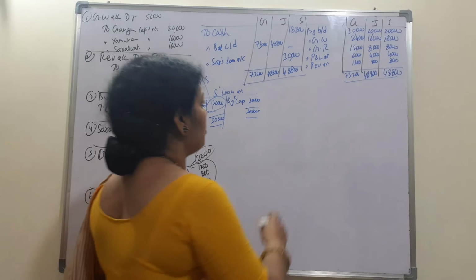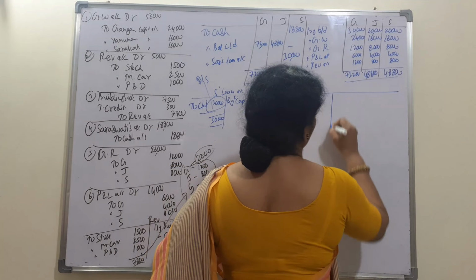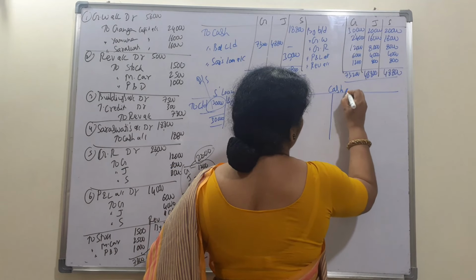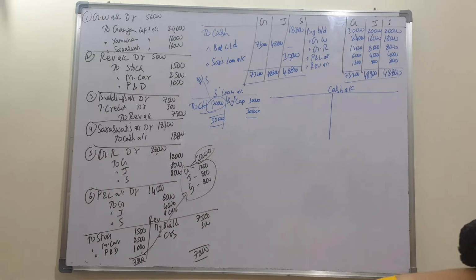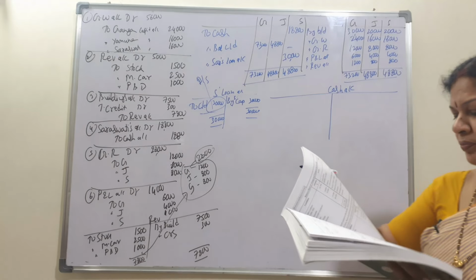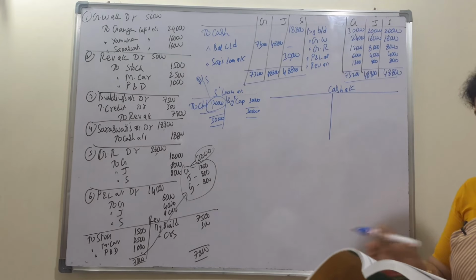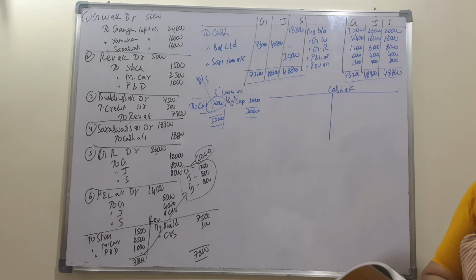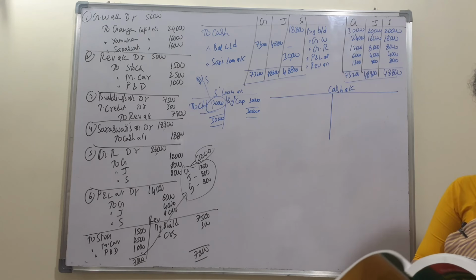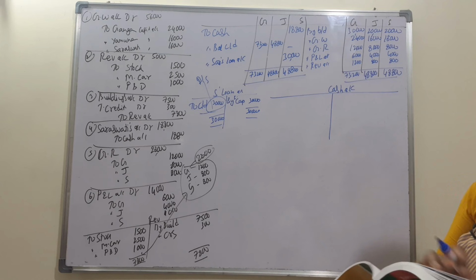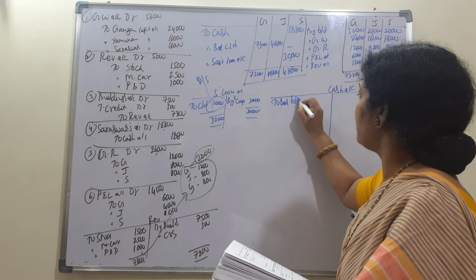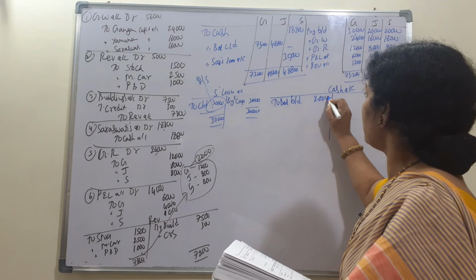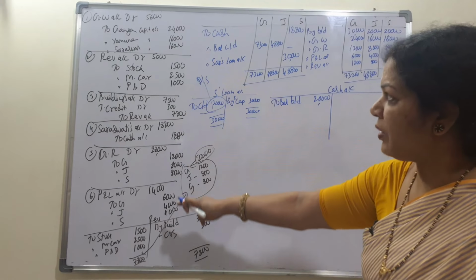Now after this we'll open cash account. Cash account, you know that we have to start with the opening cash. So where is cash? Cash account opening balance is here 20,000, to balance brought down. Apart from that, are you finding any cash?